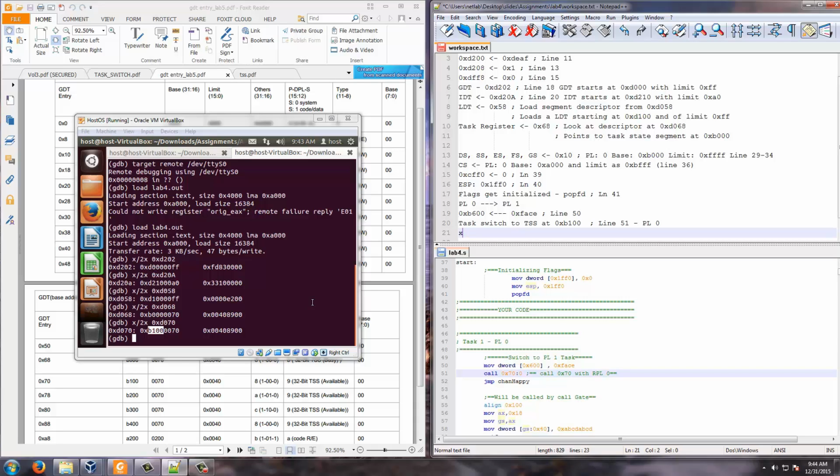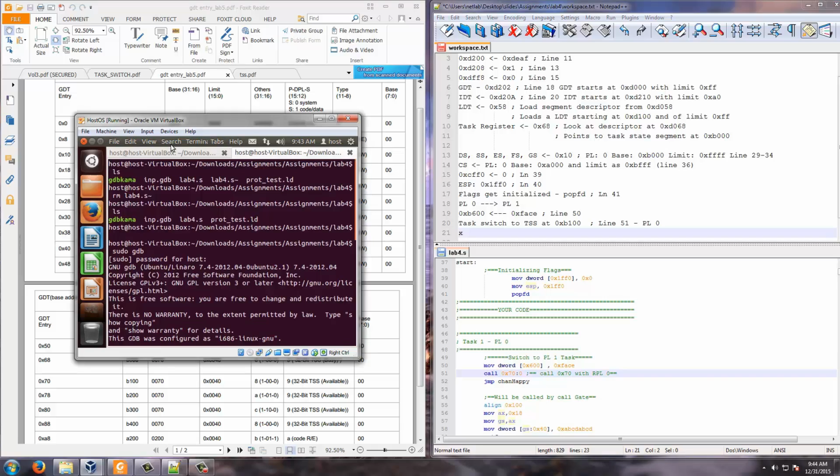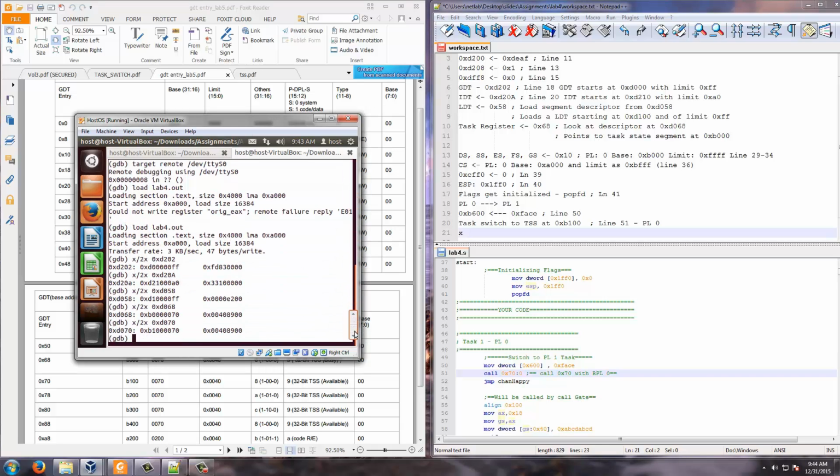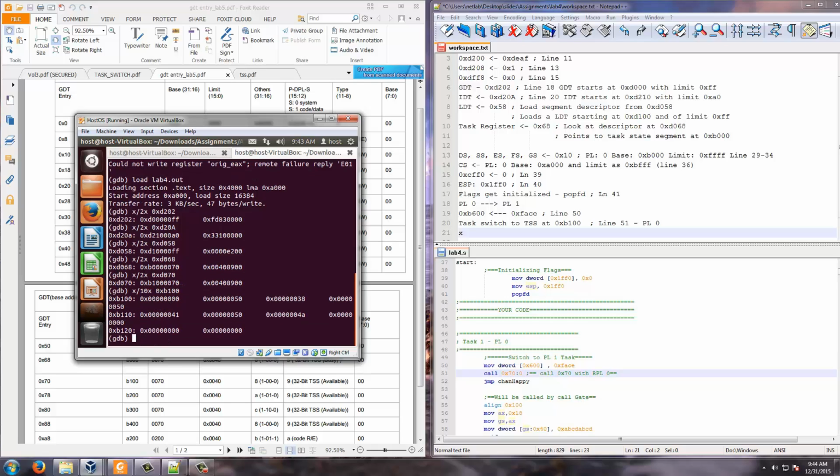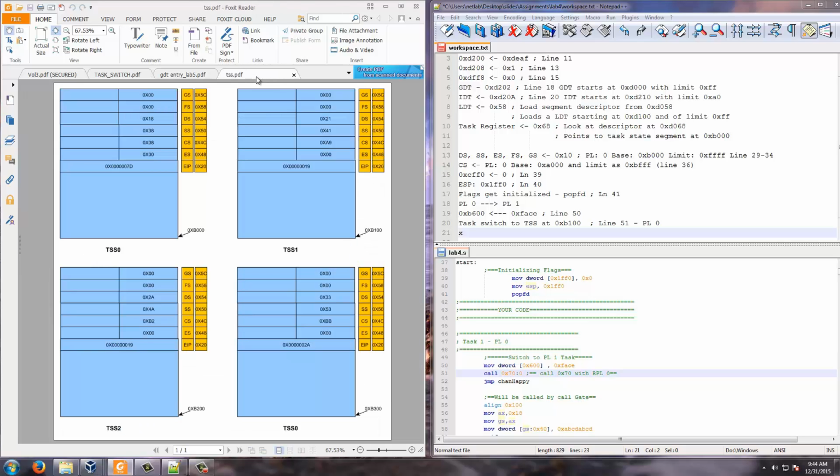Now let us see what is at 0xB100. This is how the task state segment is going to look.